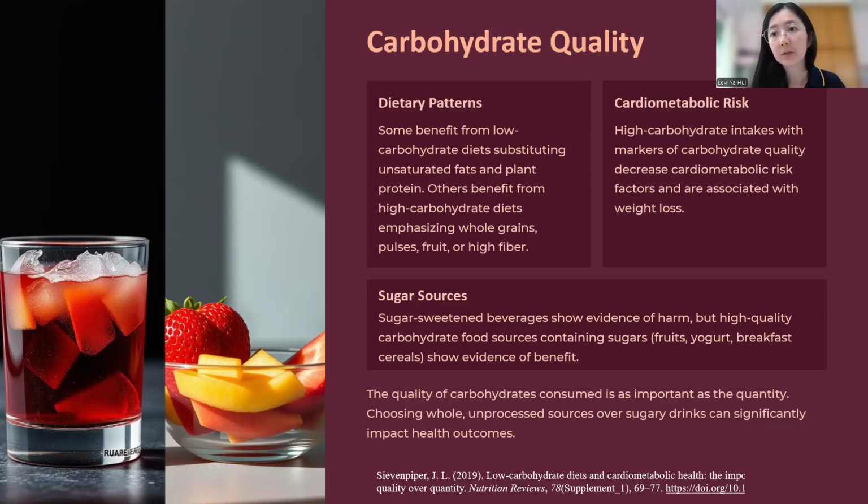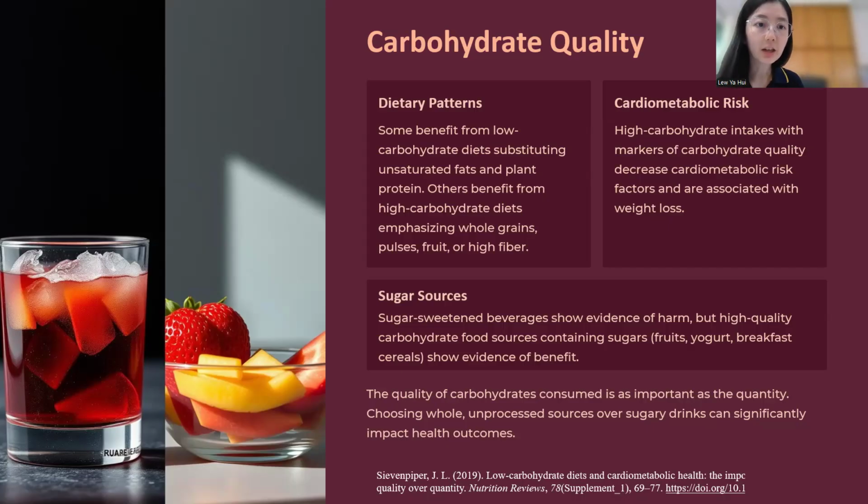When it comes to sugars, the impact depends on the amount and the food source. Sugary drinks, which add extra calories, are linked to negative health effects. But foods that naturally contain sugars, like fruits, 100% fruit juice, yogurt, and high fiber whole grain cereals, can be healthy when they replace low quality carbs.